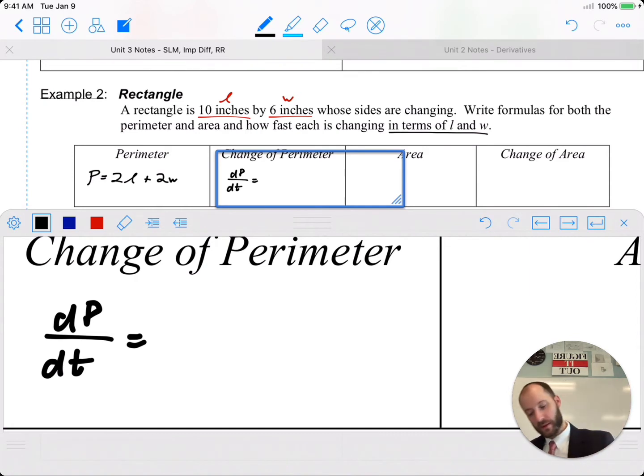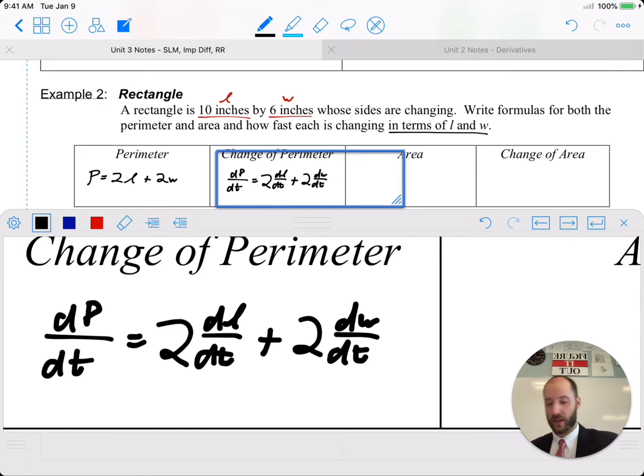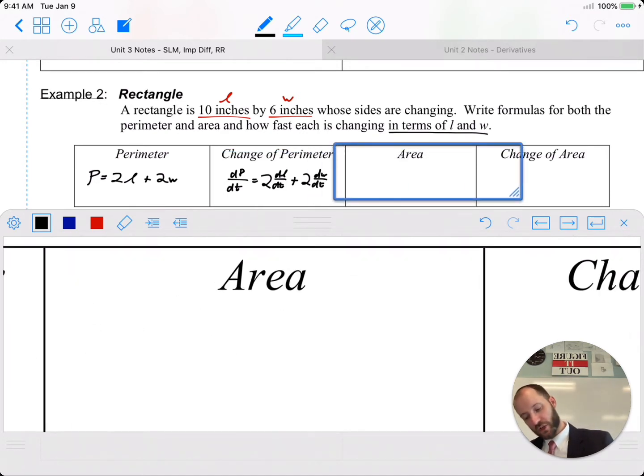So 2L becomes 2 times the derivative of L with respect to t, so dL/dt, and 2W, so 2 times the derivative of W with respect to t, dW/dt. Alright?